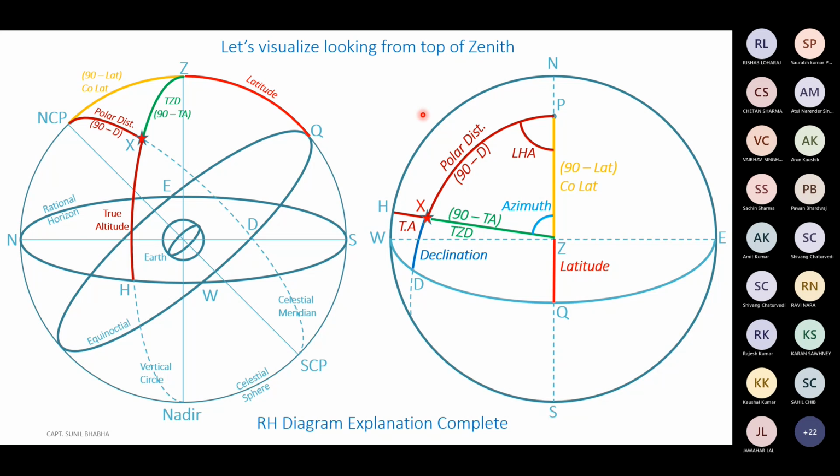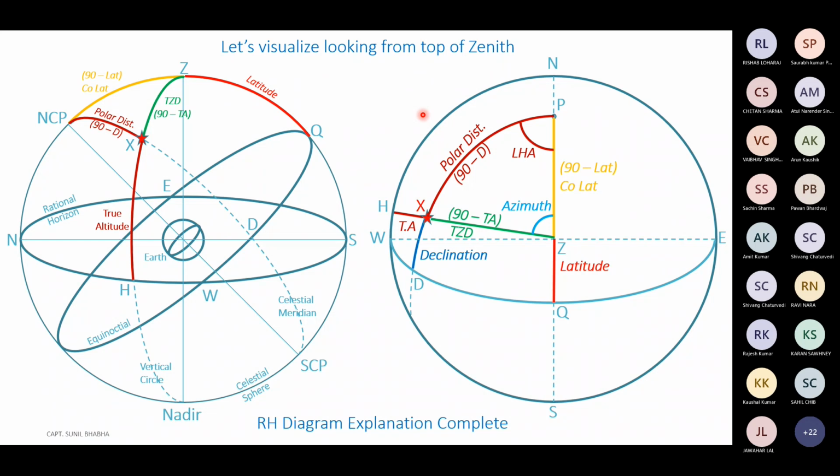So how will you be finding them? Using the same spherical trigonometry formulas which we have used for other calculations, that is the cosine formula and Napier's rules. Since this is a spherical triangle, the cosine formula and Napier's rules are applicable here.